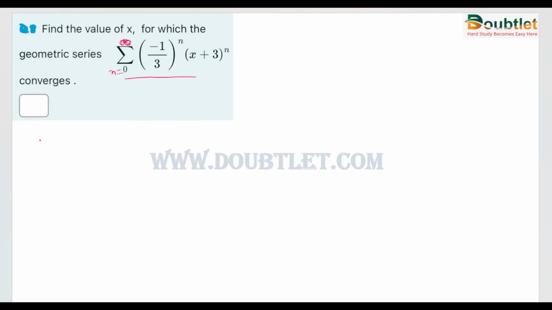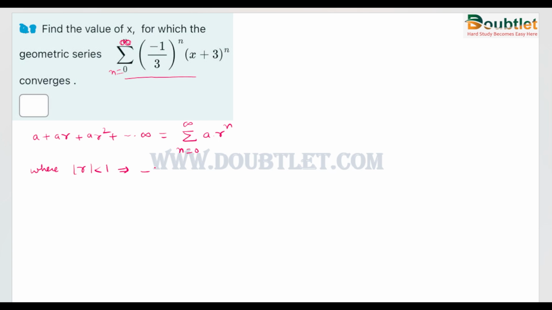So we know that for a geometric series to be convergent, we can write it as a plus ar plus ar squared plus so on up to infinity. We can write this in summation form as the sum from n equals 0 to infinity of a multiplied by r to the power n, so it is r to the power 0, r to the power 1, and so on, where mod r, the modulus of the common ratio, should be less than 1.